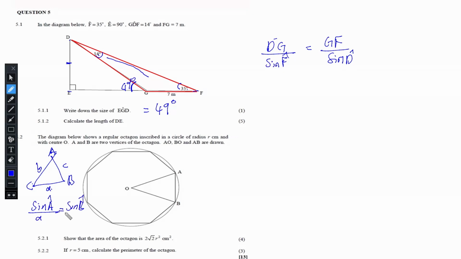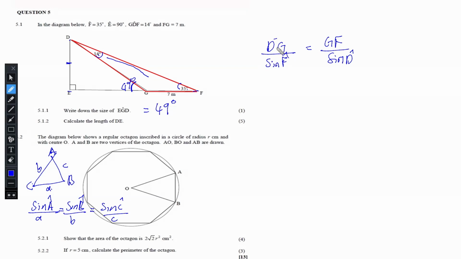Sine B over the side it is opposite to. Sine C over the side it is opposite to. So even here, we can see that I only just wrote it in inverse form. So started with the side over the angle it is opposite to.